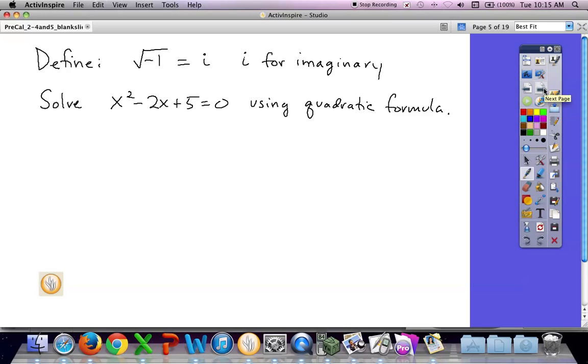In order to deal with that, we define the square root of -1 as an imaginary number, i. The i stands for imaginary.